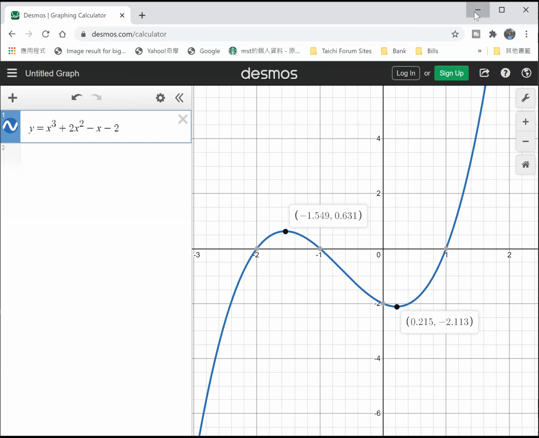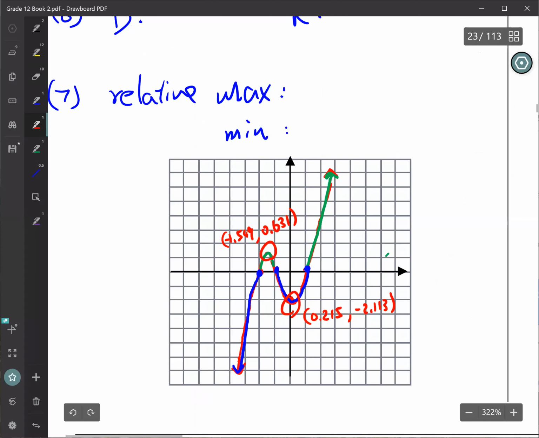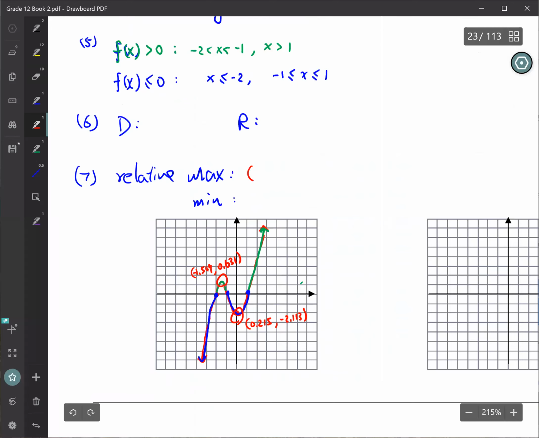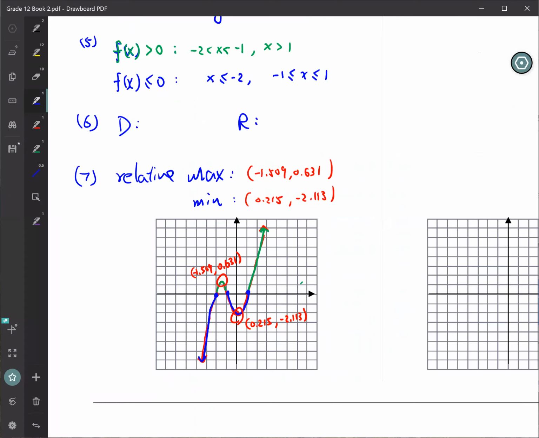Just go to the decimal site. Then we can write that down. Max: -1.509, 0.631. Min: 0.215, -2.113.